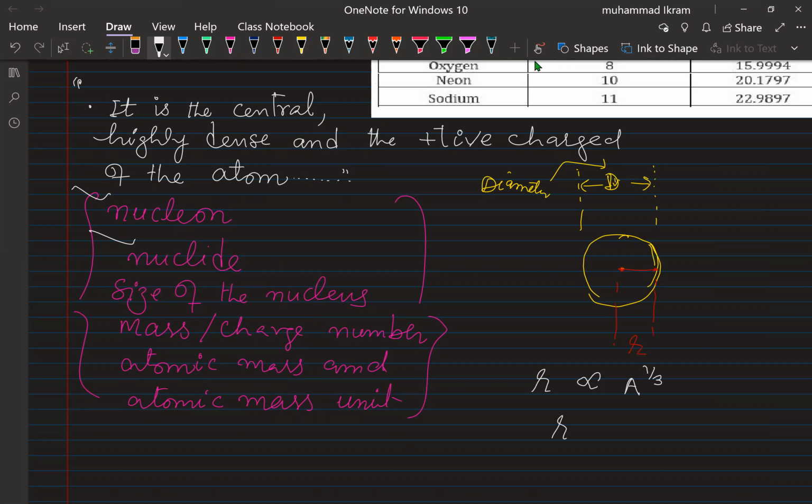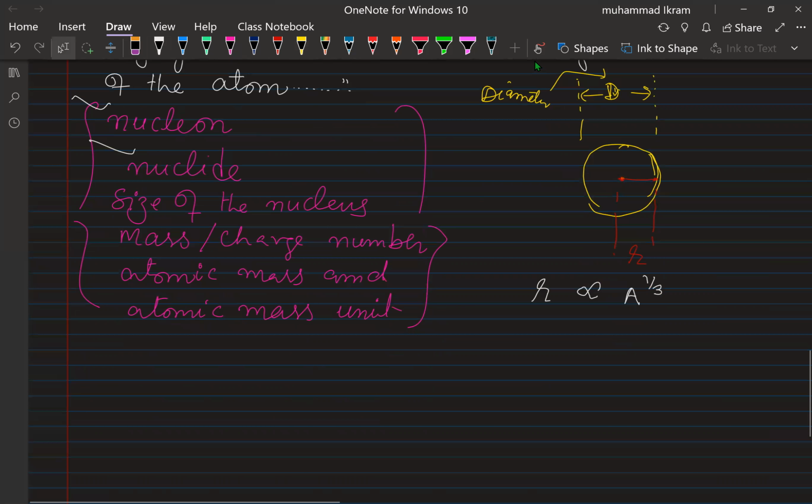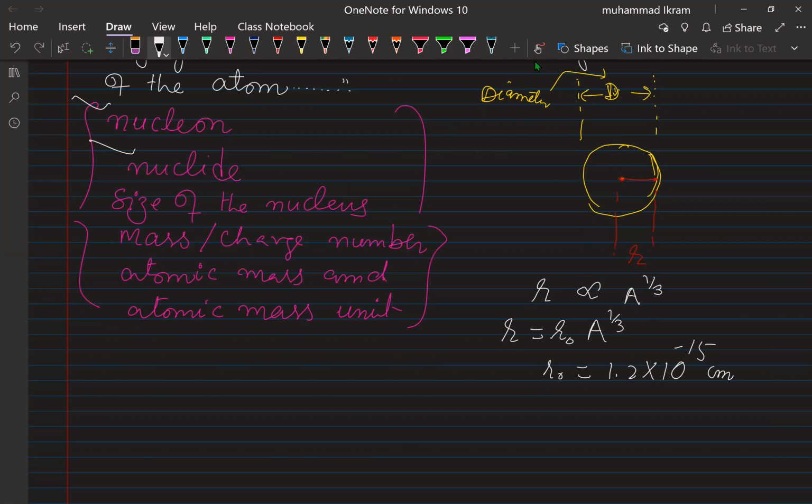The radius R is equal to R naught times the cube root of A, where R naught is a constant, and it is equal to 1.2 into 10 raised to the power minus 15 meter. This is the radius of the nucleus.